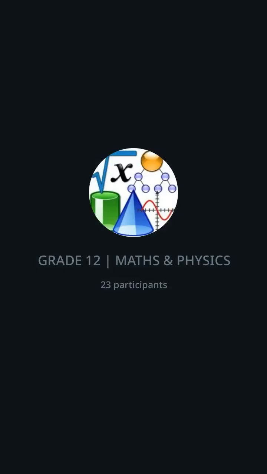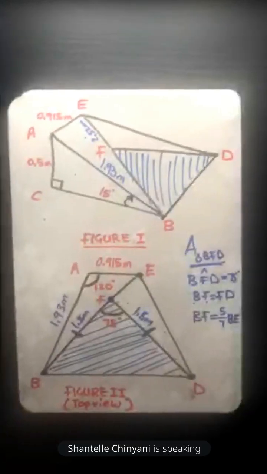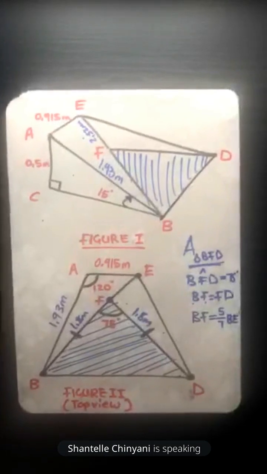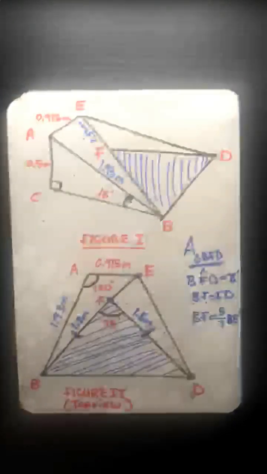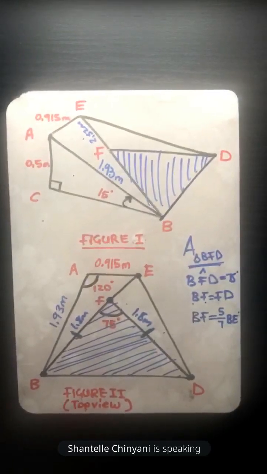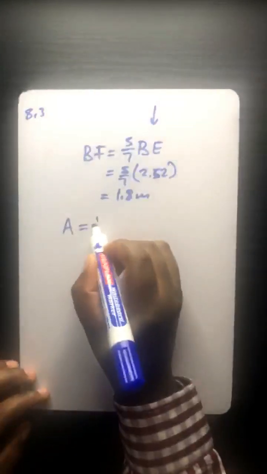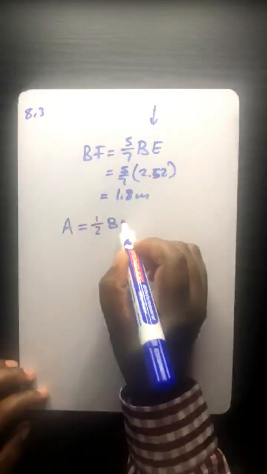How can we formulate the area rule using that triangle? I'm just trying, you can correct me if I'm wrong. So I would say half BF.